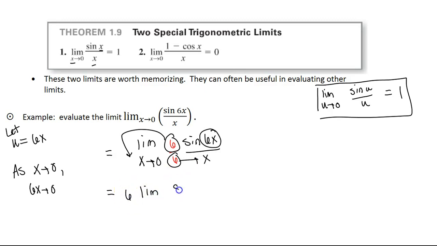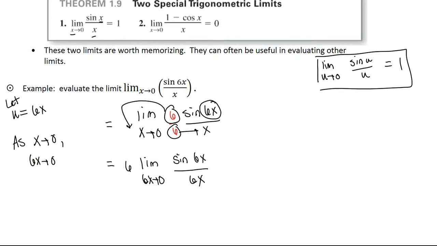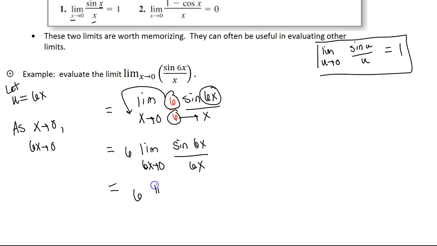So I've got 6 times the limit of sine of 6x over 6x. And we said that the limit as x approaches 0 is basically the same thing as the limit as 6x approaches 0, because they're both going to 0. So this is now 6 times the limit as u approaches 0 of sine of u over u. So this is 6 times 1, which is 6. So the answer to this limit is 6.